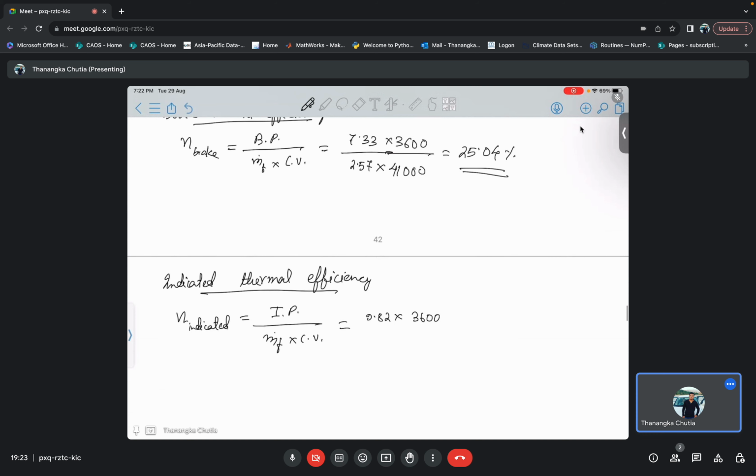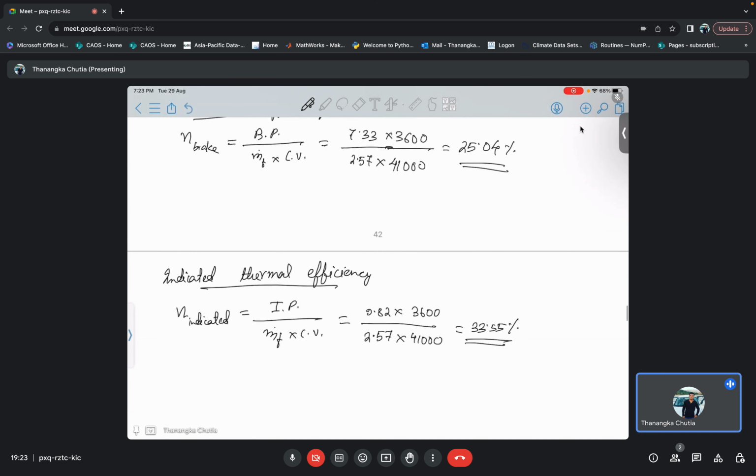Because it's kg per hour, so 2.57 into 41,000. So this is equal to 33.55 percentage. Okay, so this is your indicated thermal efficiency. Clear? Fine.